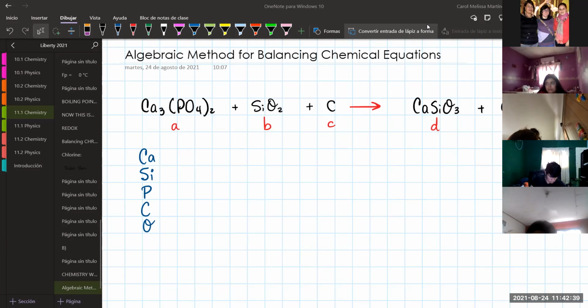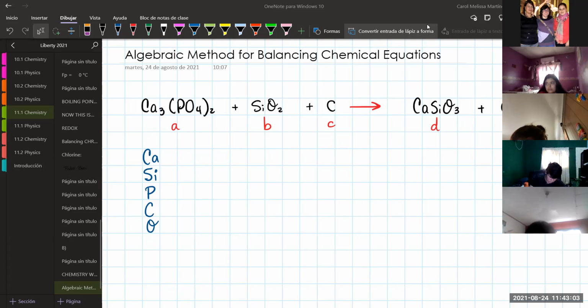Now take a look. What I'm going to do now is turn each element into a mathematical equation. What you're going to see is the amount of each element that is present in each letter.